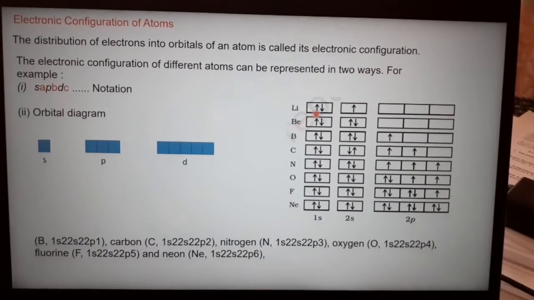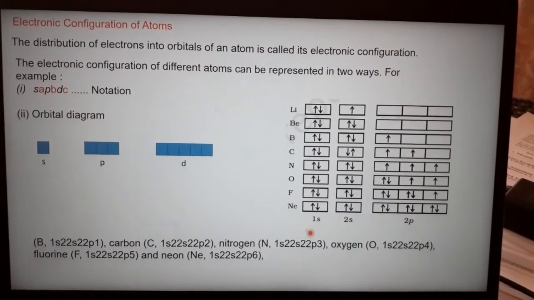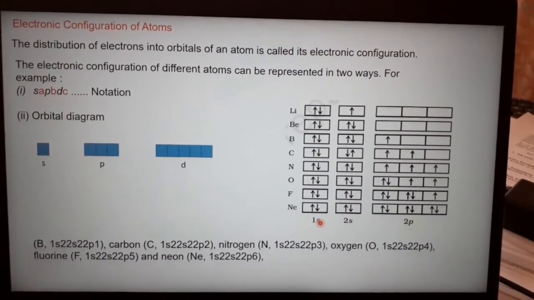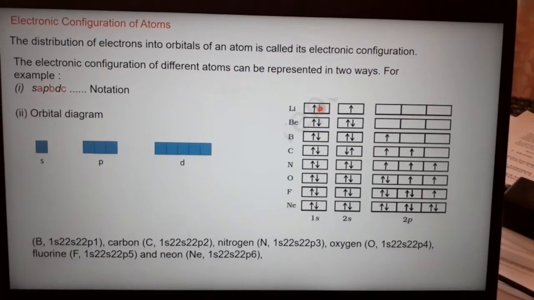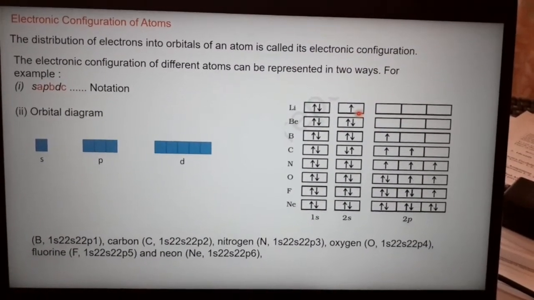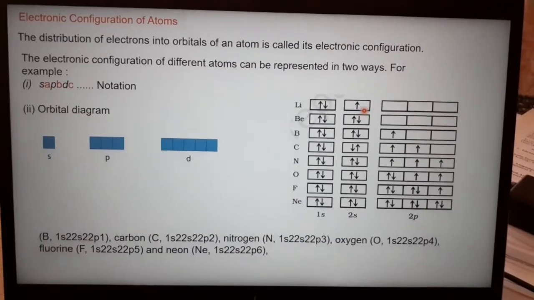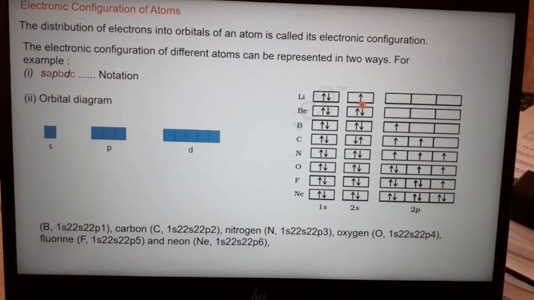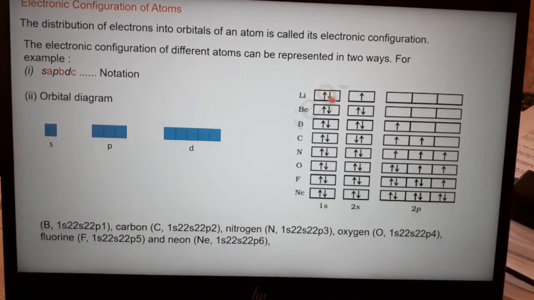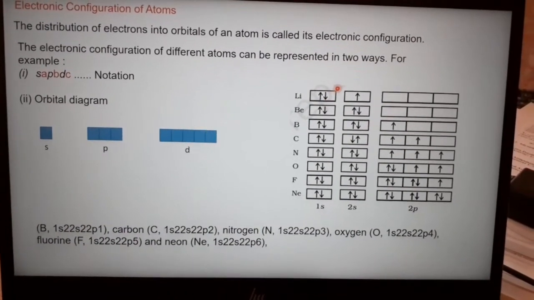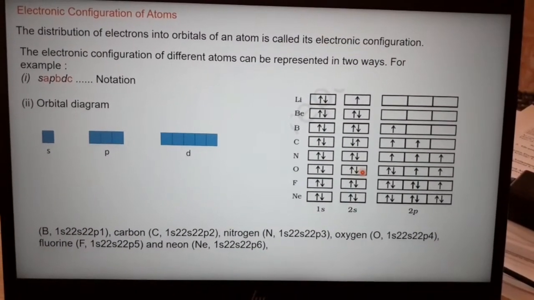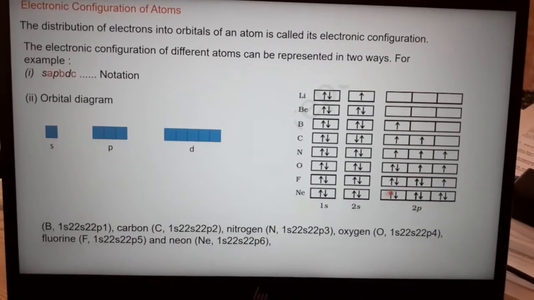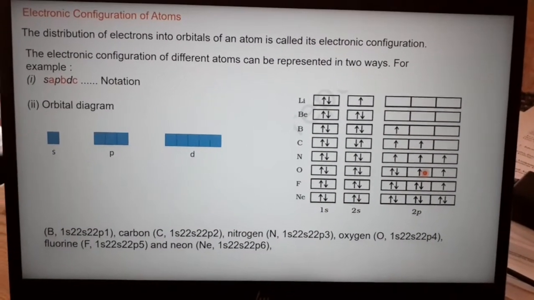If you consider lithium, you can see lithium has the atomic number 3. So 2 electrons go in 1s and then another electron is accommodated in 2s. Now how can you write it? One is upward direction, another is in the opposite direction. Next you will fill this in the opposite direction, right? In this way you will learn how to place the electrons in different orbitals.